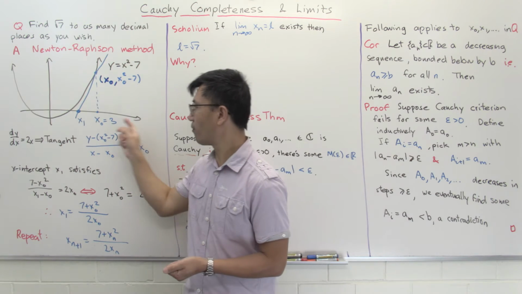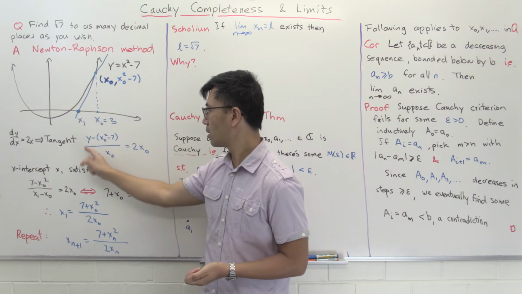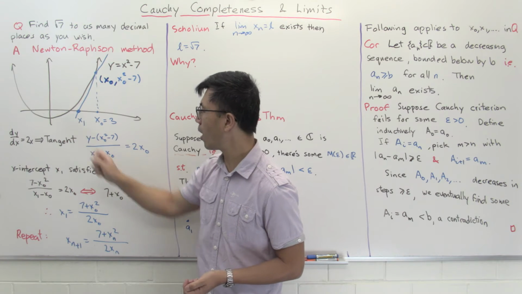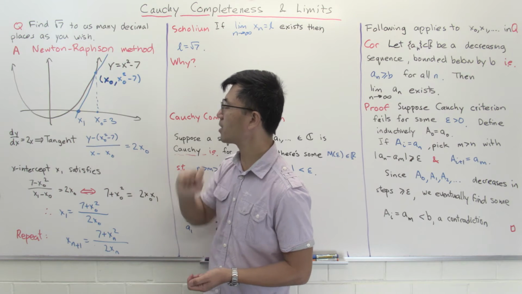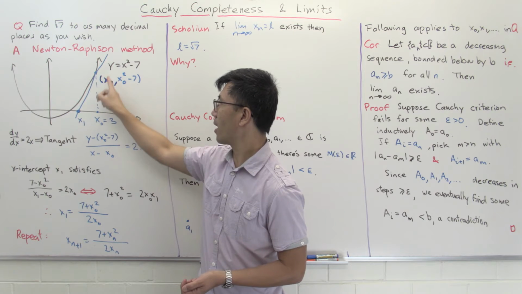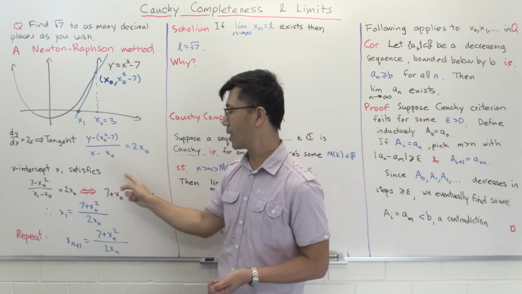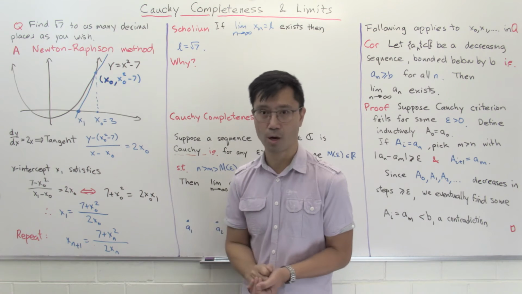The equation of the line comes from the difference quotient: for the general point (x, y) on the tangent line, y minus the y coordinate here, which is x0 squared minus 7, divided by x minus x0, has to be the gradient of this tangent line, the derivative at x0.